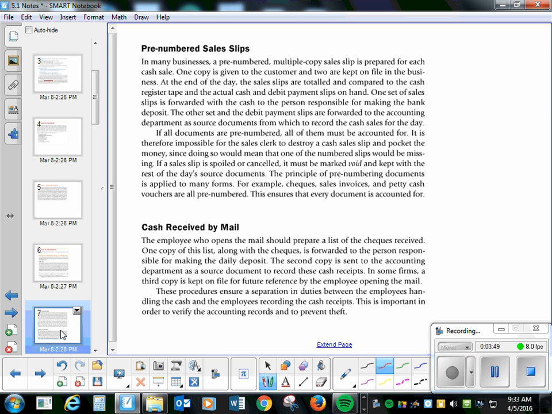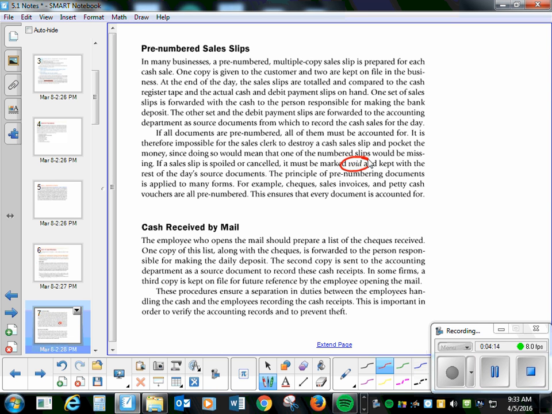Everything is pre-numbered, so if something's missing, they have to be able to go back and track it. If they make a mistake on a pre-numbered sales slip, they don't just tear it out and throw it away. They would have to mark the word void on it to show that a mistake was made, and therefore there's no source document to go along with it.